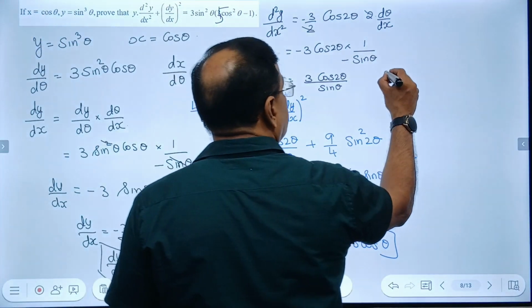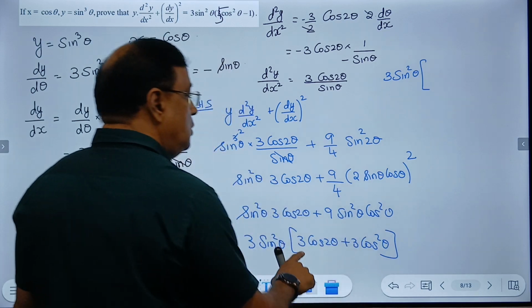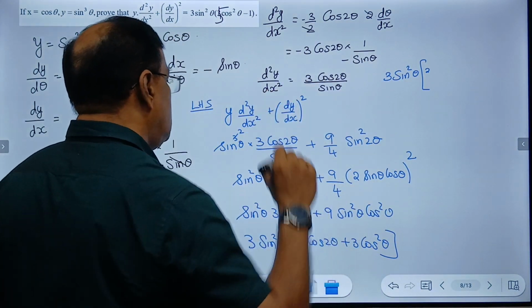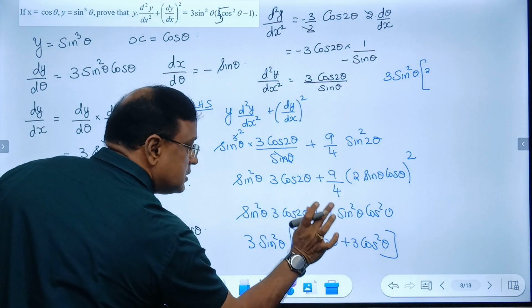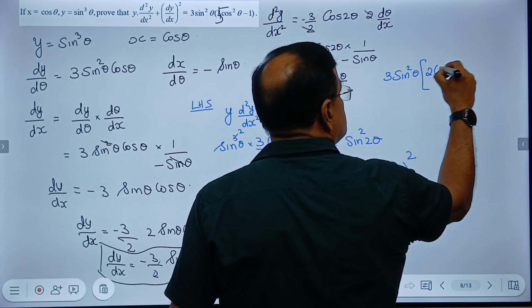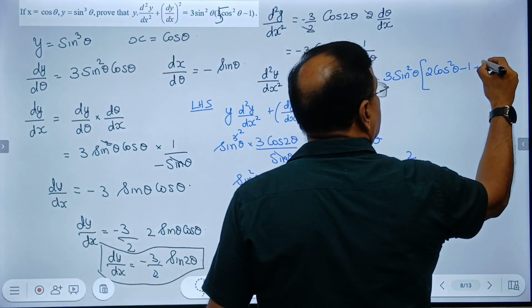Now this is 3 sine square theta into cos 2 theta. What is the formula? Since I have taken 3 outside, this 3 will not be there. Okay? Cos 2 theta will be 2 cos square theta minus 1 plus 3 cos square theta.